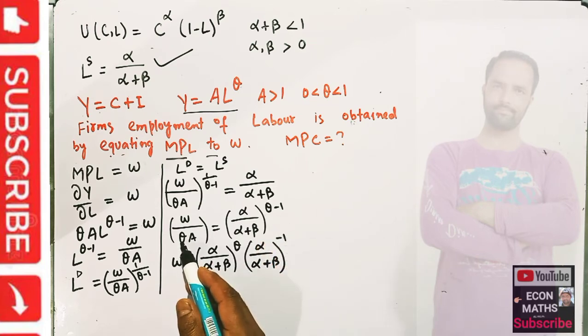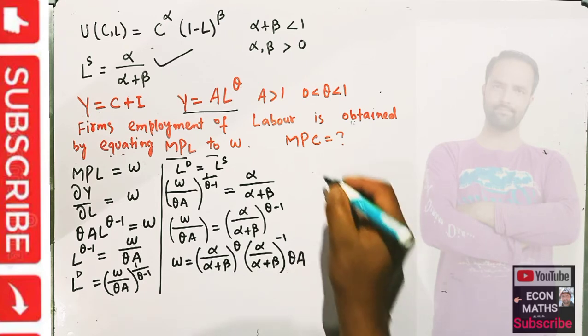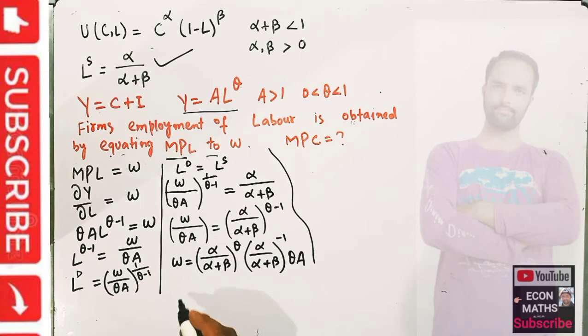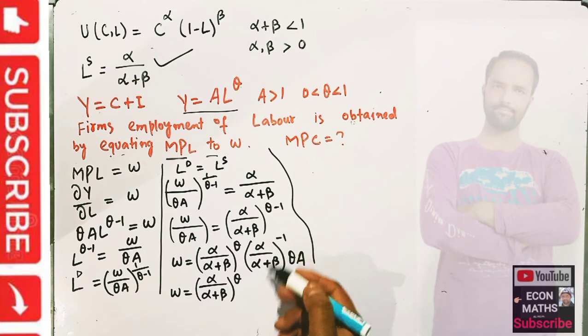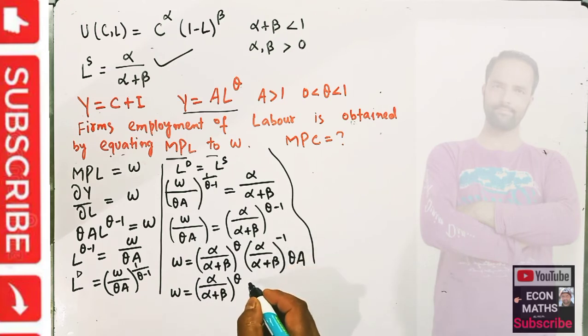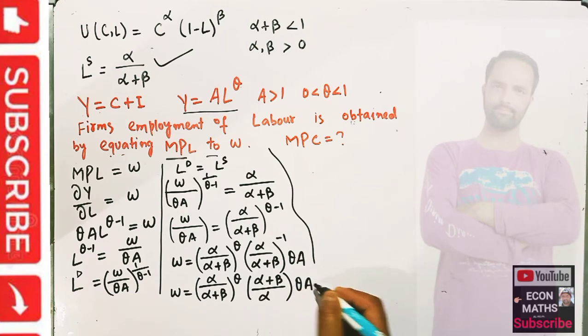Also we transpose this, so this becomes theta A, which gives us w is equal to alpha upon alpha plus beta raised to the power theta minus 1. If I reciprocate it, it will become alpha plus beta divided by alpha, times theta A here.